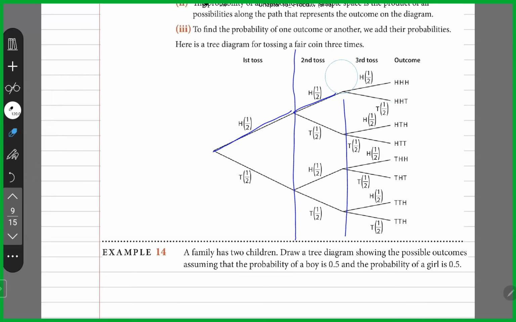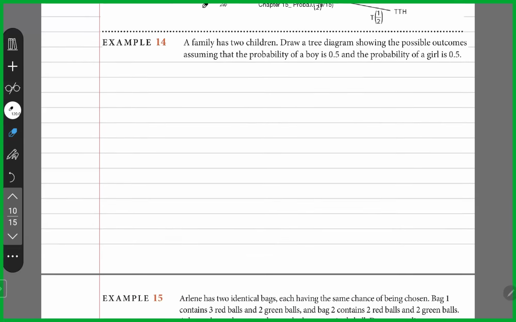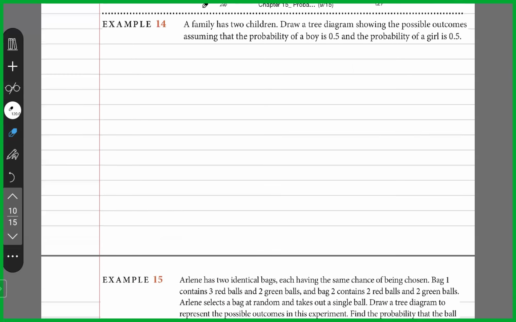I want you guys to attempt example 14. In example 14, we are told that a family has 2 children.